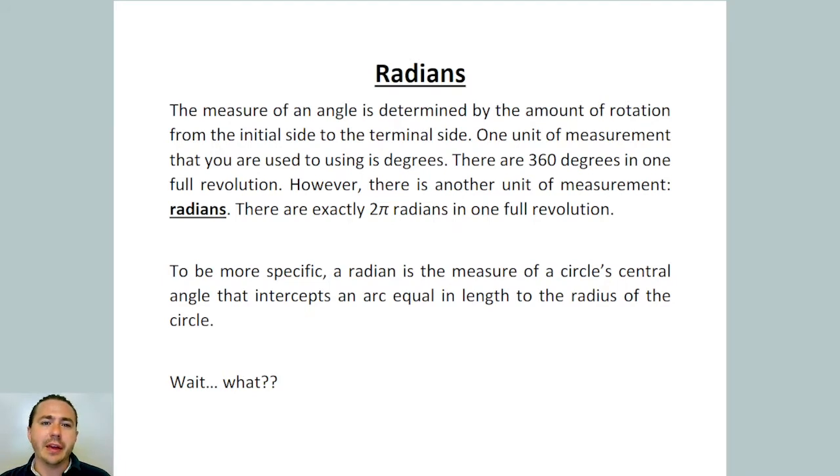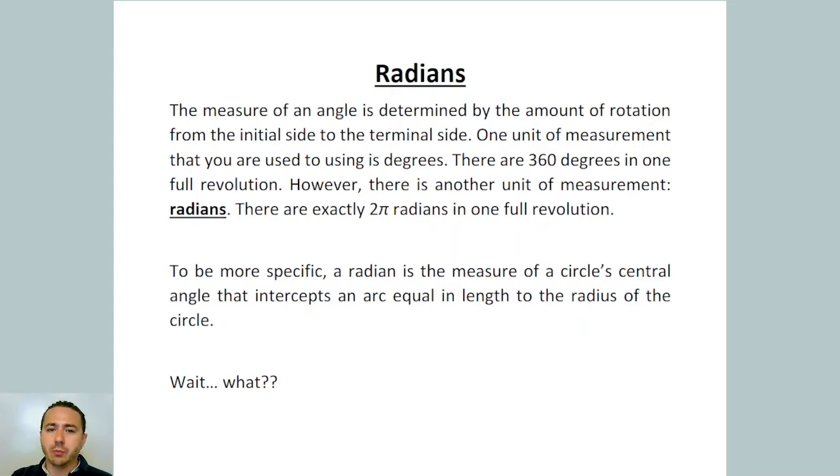Now, instead of 360 degrees in one revolution, when we're talking about radians, there's exactly 2 pi radians in one revolution. So pi being roughly 3.14, 2 pi being roughly 6.28, not exactly, but pretty close. So there's about 6.28 radians in one revolution, whereas there's 360 degrees in one revolution.